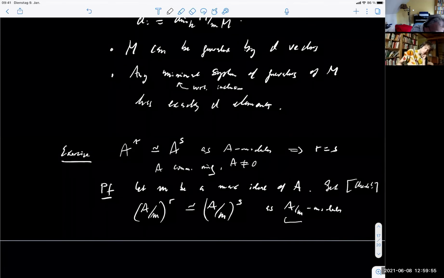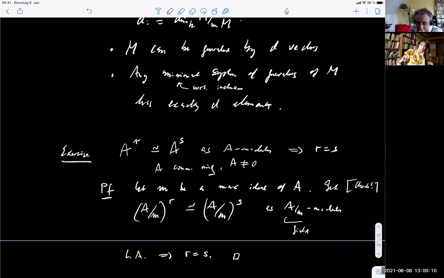But here we have a field, and then you use linear algebra to infer r equals s. Actually, it's not Nakayama.